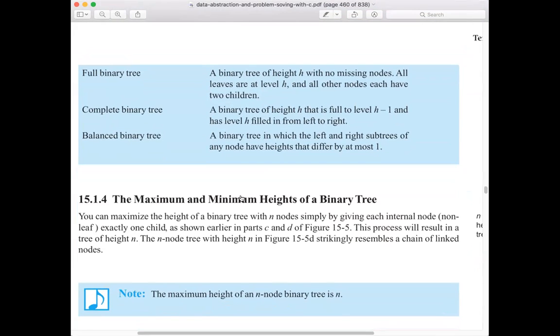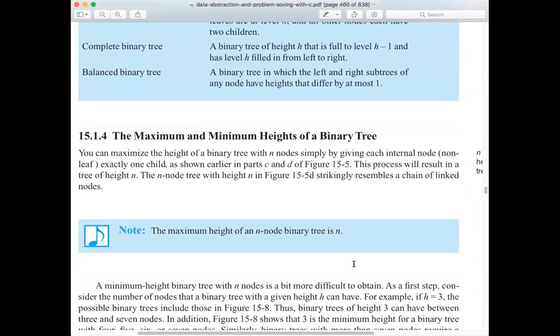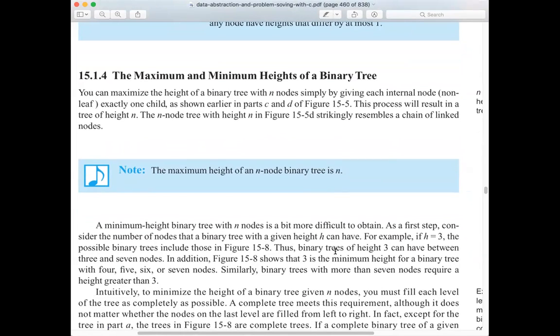Okay, the maximum and minimum heights of a binary tree just means, given a certain number of nodes, what's the tree with the smallest height you can create, and what's the tree with the largest height you can create, right?